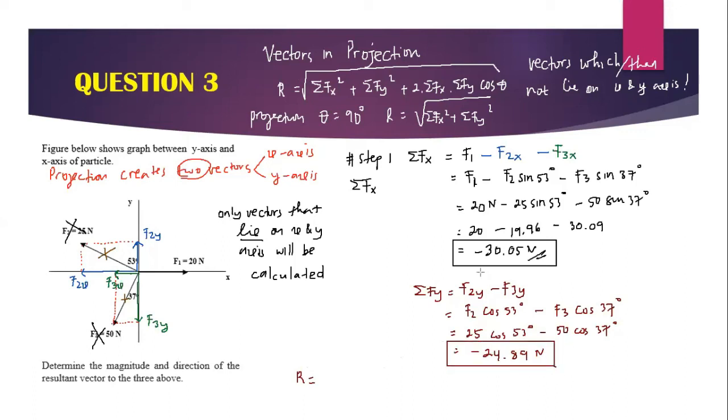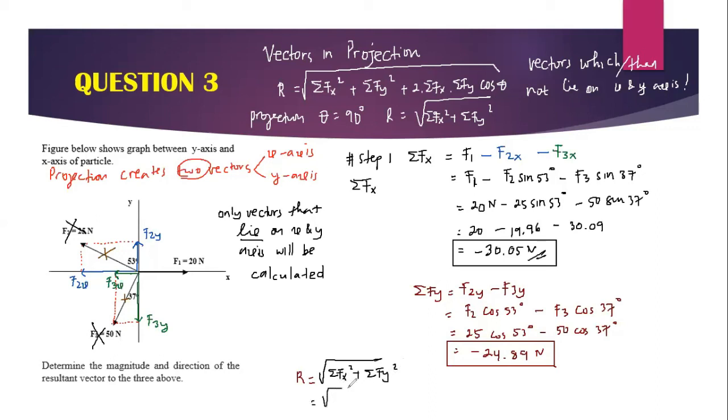Okay, now we go to the final calculation, the resultant. So the resultant is the root of sigma Fx squared plus sigma Fy squared.